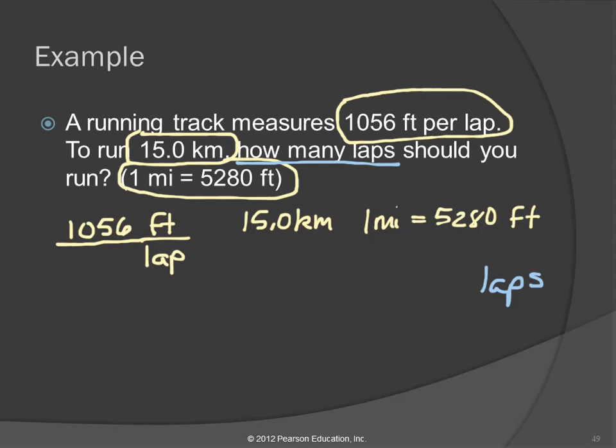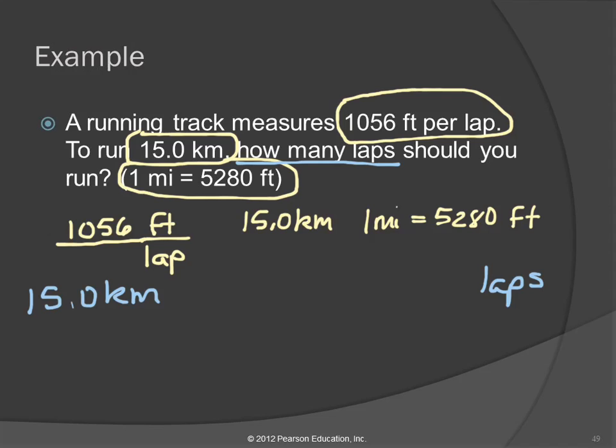Because we figured out what unit we need to get to, we have to figure out what unit we're going to start with. Which of these numbers do we start with? That can be a problem. We're going to start with this guy because he's the simple unit. And most of the time, the one you start with doesn't have a per in it or an equal sign or anything. It's just a single unit. So 15.0 kilometers.